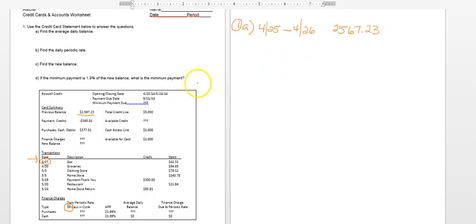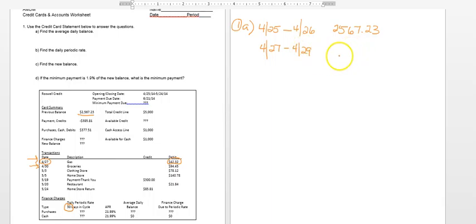$2,567.23. Now, on 4/27, I made a purchase for $42.32. So what this did is it changed my balance, and that balance is going to last until 4/29, the day before I made another purchase.